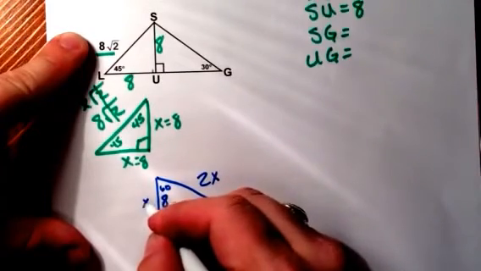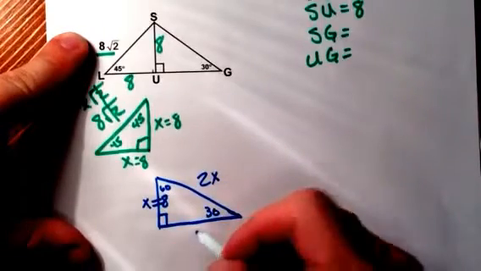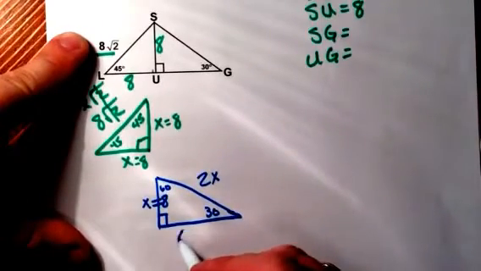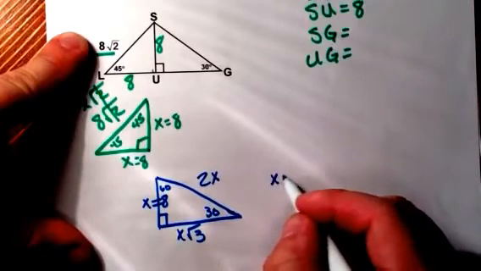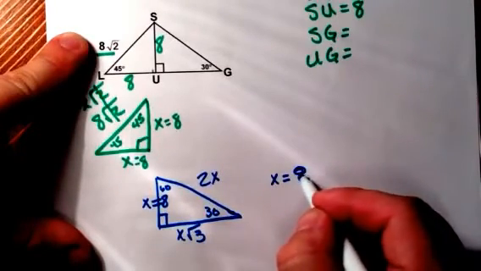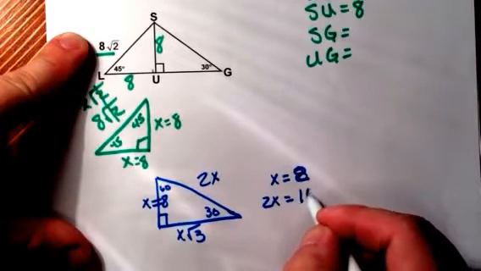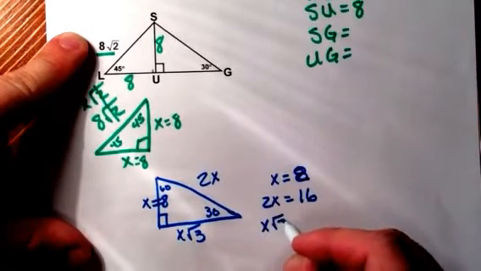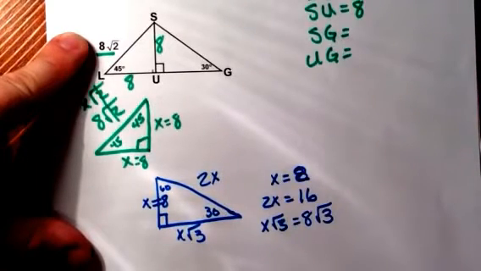Across from 30 is going to be x, so x equals 8. And across from 60 would be x radical 3. So, we know x equals 8. So, 2x would equal 16. And x radical 3 would equal 8 radical 3.